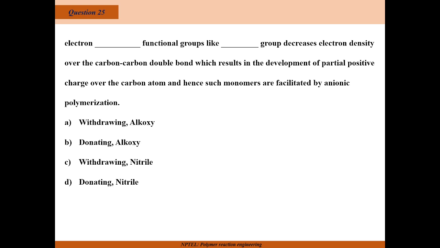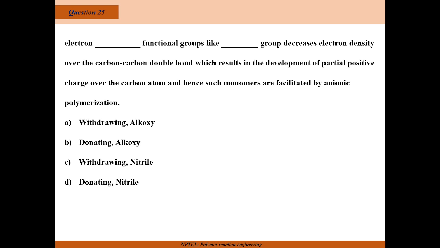Which one will act as donating, and which one will act as withdrawing? The group decreases the electron density, and that is a general statement. So here also we are talking about decreasing electron density. If it is anionic, then it should be electron-donating functional groups, generally alkoxy. No, I think it is the other way.